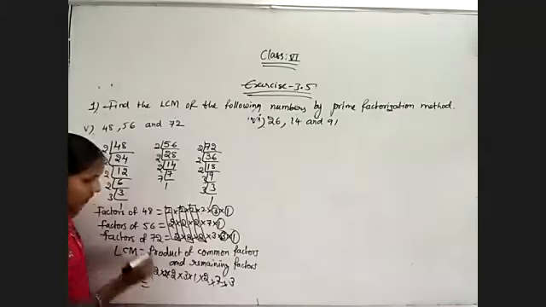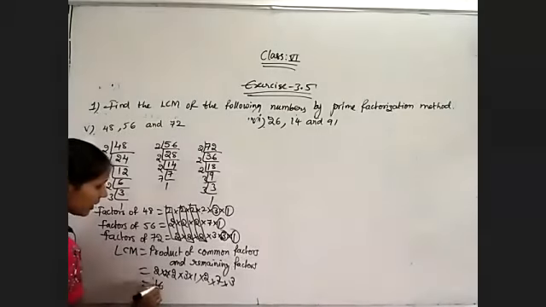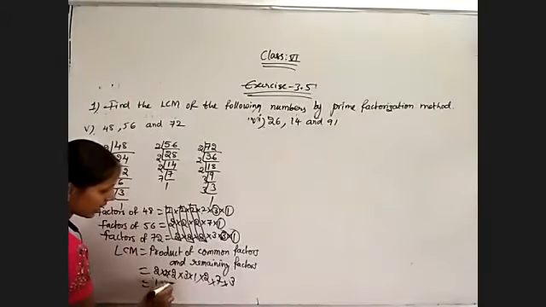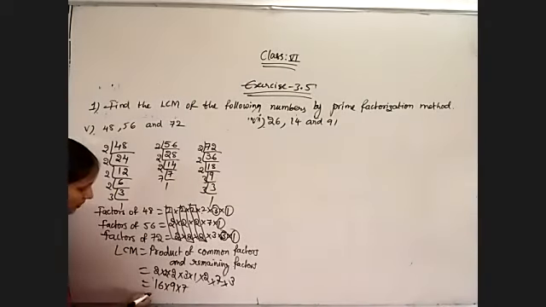So now what will be the product we have to find? 2 came 4 times: 2 4s are 8, 8 2s are 16, into 3 came twice, 3 3s are 9, into 7. So 9 7s are 63.